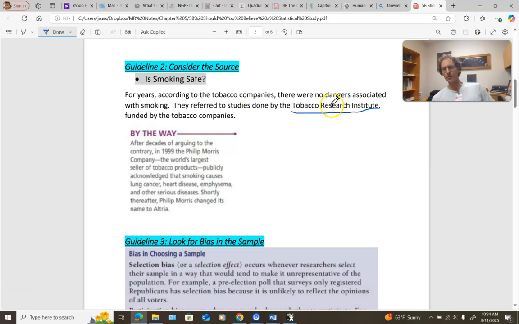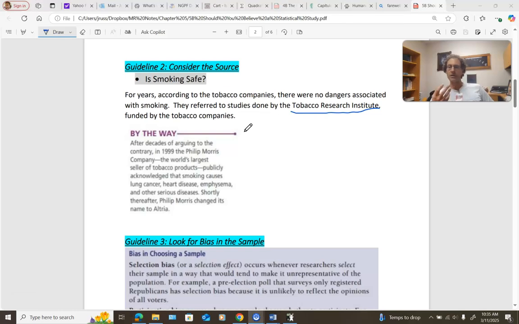It wasn't really a third party conducting all these studies, and they were saying that smoking really wasn't bad. And so that's why, in the world of pharmaceuticals or anything related to our health, it's good to have these third-party entities that have no vested interest in the outcome of the study.